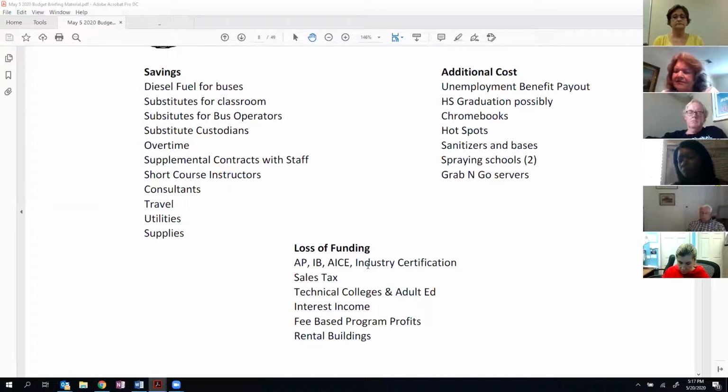And then when we looked at, okay, where are the areas that we're going to lose funding? First, the FEFP is the biggest area on the general fund that we suspect there'll be some reductions. But we also, for every one of our students who takes an advanced placement, international baccalaureate, Cambridge and industry certification, and they pass the test or get a certification, we report that and we receive some additional funding on top of that that the schools can use.